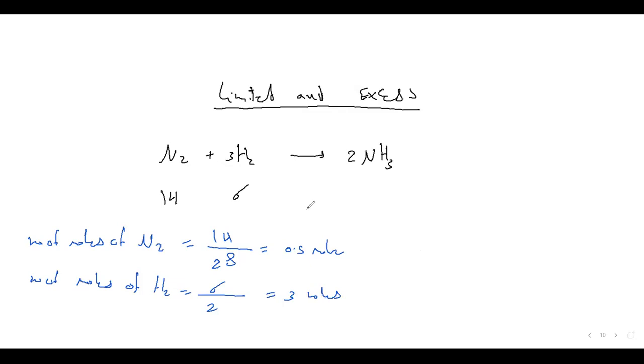After that, the ratio is 1 to 3. So if we have 0.5 moles, hydrogen must be 1.5 moles. So I have 0.5, and number of moles of hydrogen must be 1.5, not 3. So this means that hydrogen is in excess.